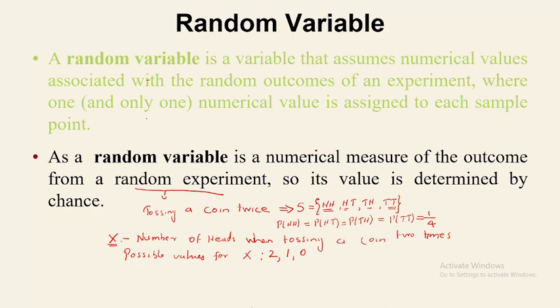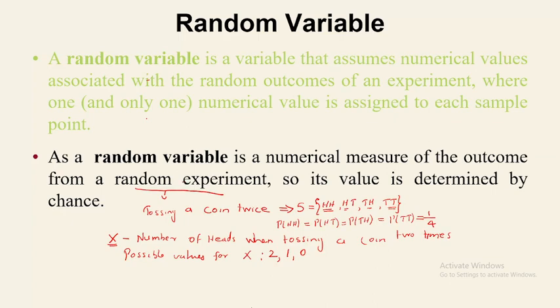It measures the number of heads we got when tossing a coin twice. So these numerical values are determined by the outcomes from the random experiment. This number of heads when tossing a coin twice is a random variable.